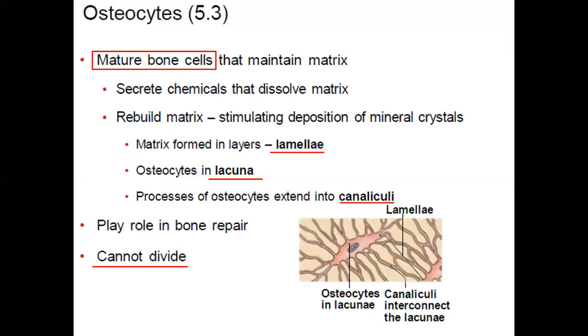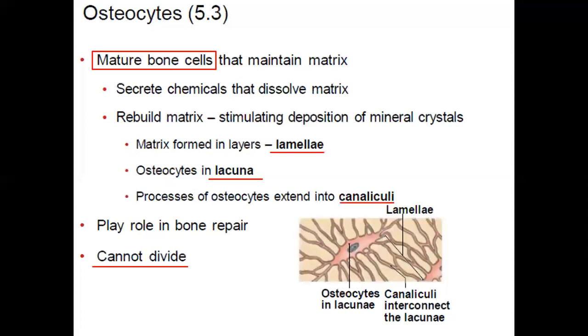And bone cells, osteocytes, can secrete chemicals that dissolve that matrix. And by dissolving the matrix, basically you get rid of the components of bone, like calcium. You can free up calcium, send it into the blood, and the phosphate, so that new bone can be formed. And rebuilding that matrix basically stimulates the deposition of mineral crystals, so calcium phosphate.